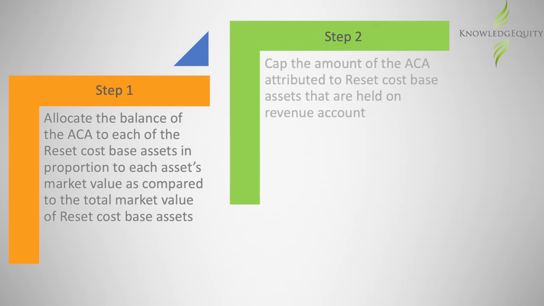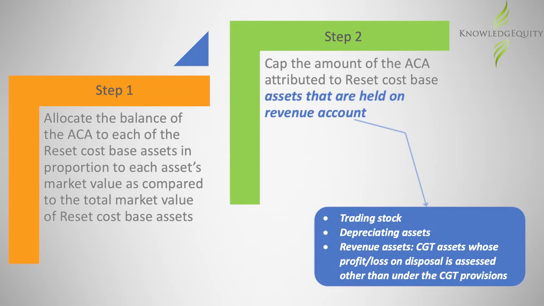The second step is capping the amount of ACA that has been attributed to reset cost-based assets that are held on revenue account. Broadly, such assets will consist of trading stock, depreciating assets and CGT assets whose profit or loss on disposal is assessed other than under the CGT provisions. For such assets held on revenue account, their tax value is capped to the greater of their terminating value and market value.